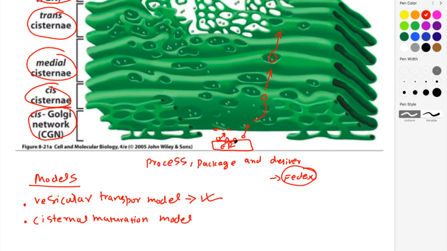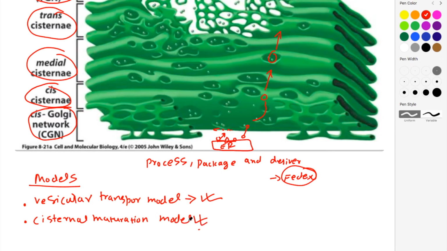So whatever lipid or protein components are in the endoplasmic reticulum will go and form the cis Golgi network, and that will mature into a medial cisternae and go to the trans cisternae or trans Golgi network. This is how it works in the cisternal maturation model.